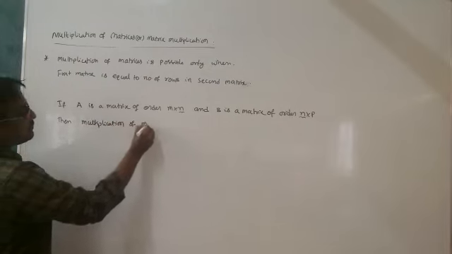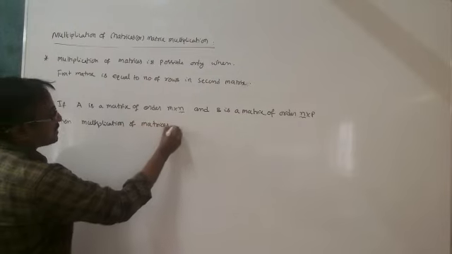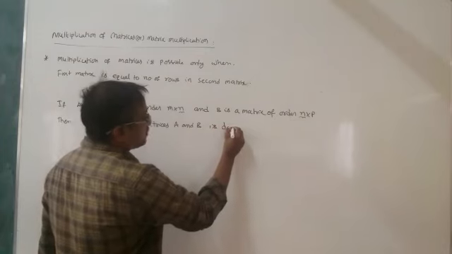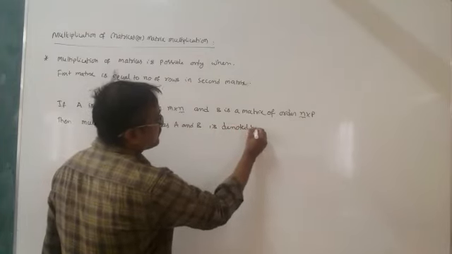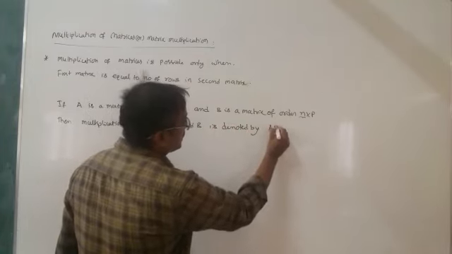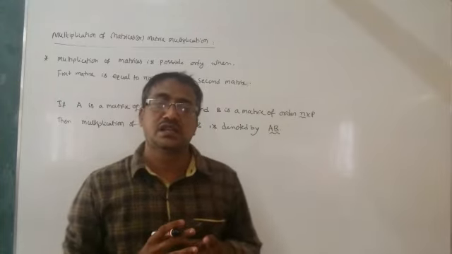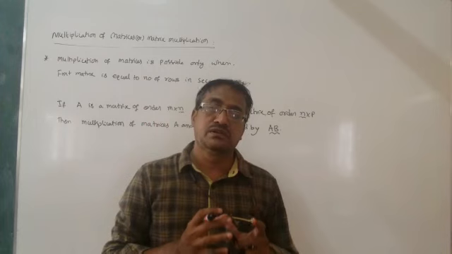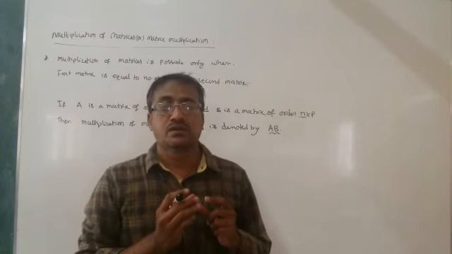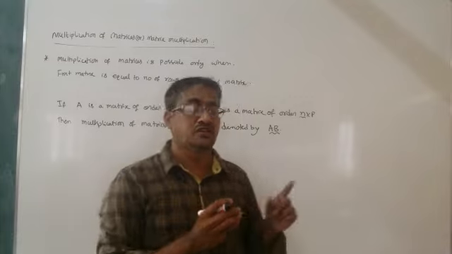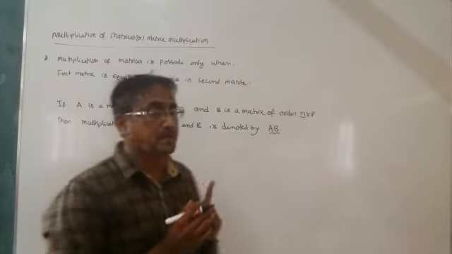the multiplication of matrices A and B is denoted by AB. It is denoted by AB. You don't need to write any symbol between A and B. You just need to write AB.